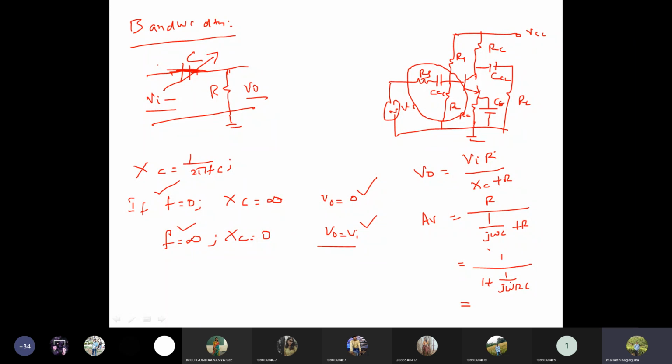I took R as common in the numerator and denominator, so R gets cancelled. So 1 by 1 plus 1 by j omega RC.